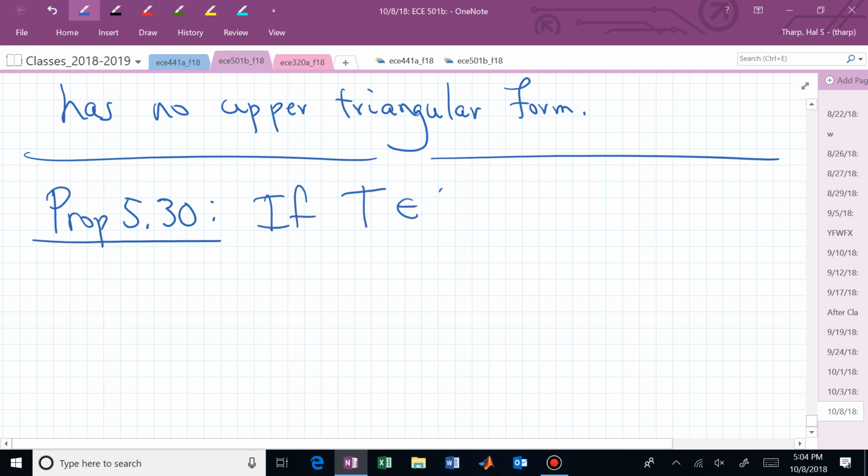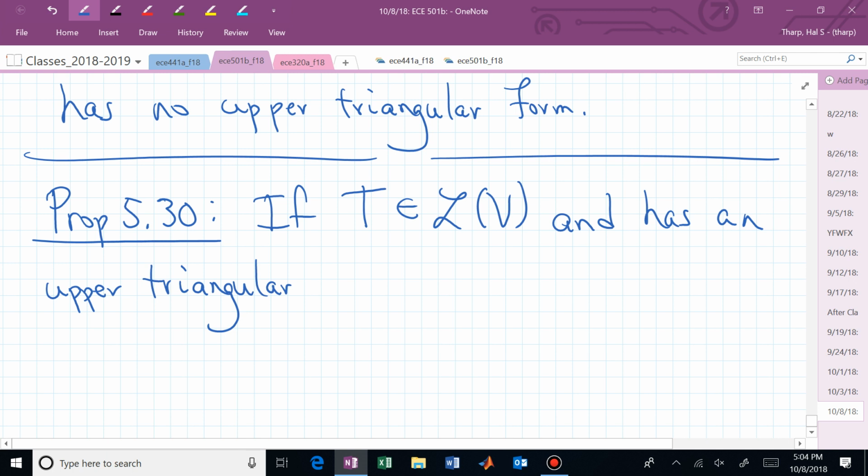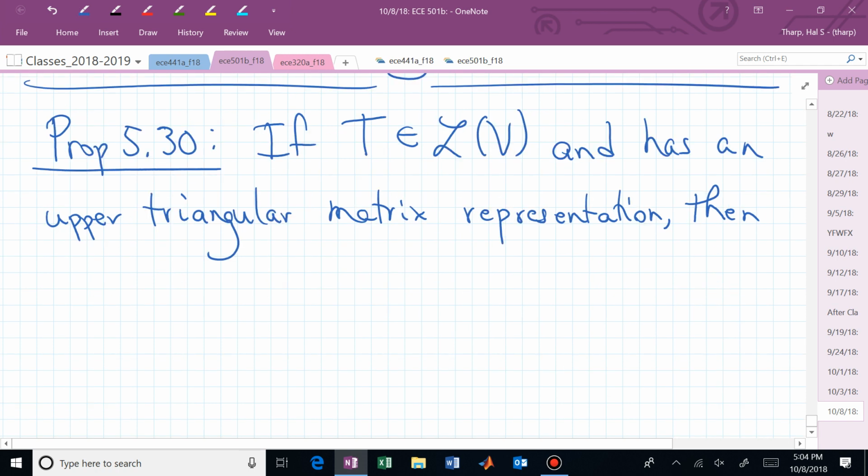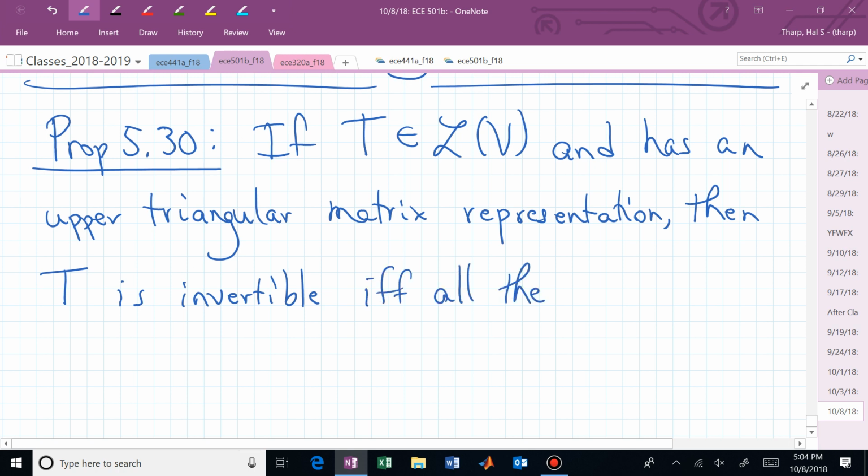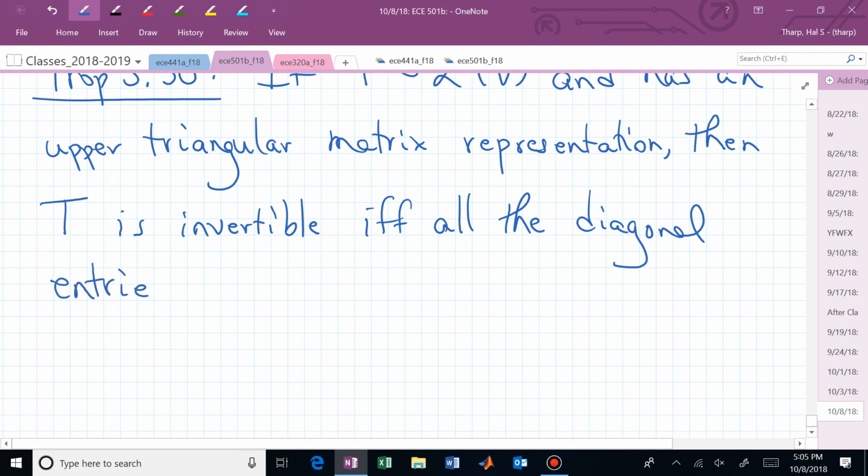If we have a linear operator on a vector space V, and that linear operator has an upper triangular matrix representation, then this linear operator T is invertible if and only if all the diagonal entries of this upper triangular matrix are non-zero.